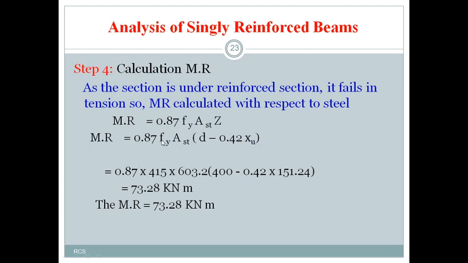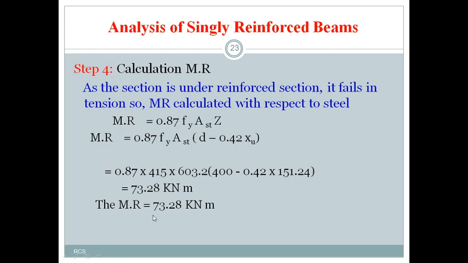So MR equal to 0.87 fy Ast into d minus 0.42 xu. If we substitute the fy, Ast and xu values, we get 73.28 kilonewton meter. So according to the data, the moment of resistance of that particular section is 73.28 kilonewton meter.